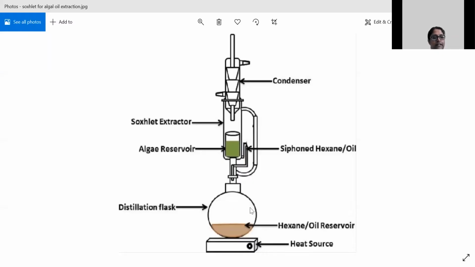All of your lipid content will be collected in this reservoir, which you have pre-weighed, with hexane. Now we will evaporate the hexane out of this using a rotary evaporator, so that none of the solvent remains.